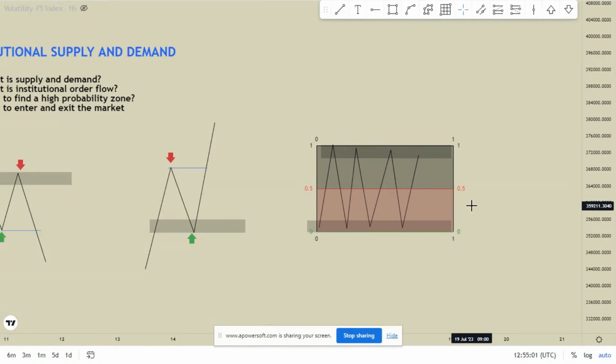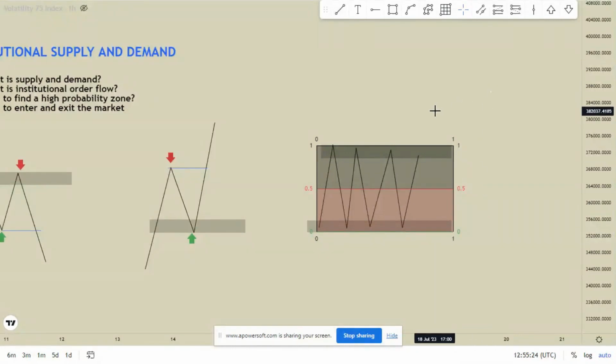So a range created supply. Remember, I told you for the market, for someone to buy, there should be someone willing to sell. And for someone to sell, there should be someone willing to buy.